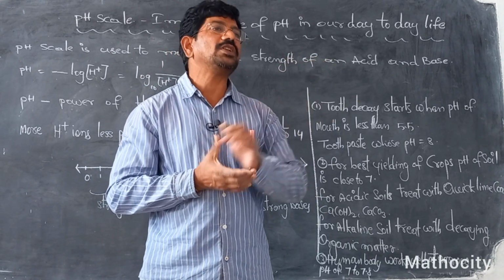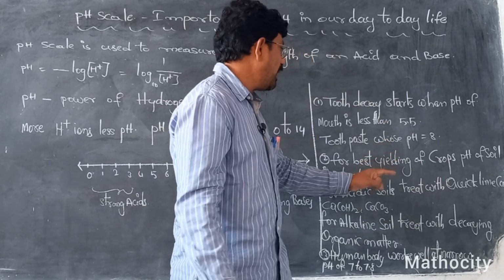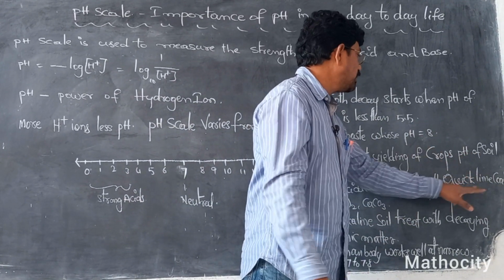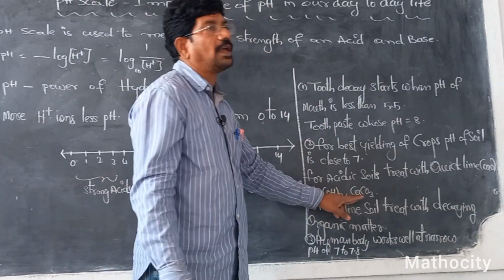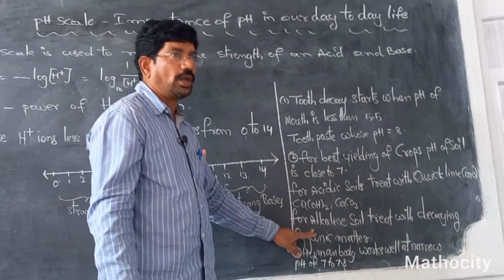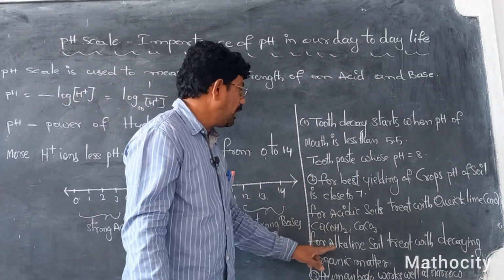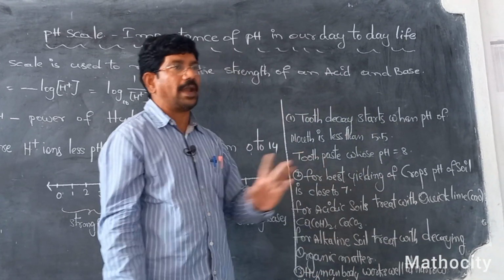When he confirms it is acidic soil, he treats the soil with a base, such as quicklime, calcium hydroxide and calcium carbonate. Next, if it is basic soil, he treats the soil with decaying organic matter.